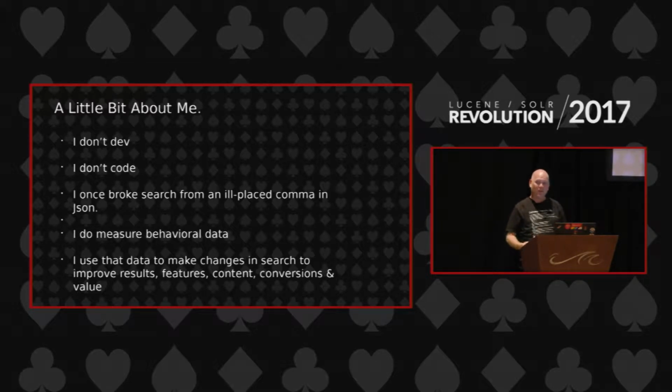What I do is behavioral science. I look at how users interact with search, and I look at the data to figure out what are they doing? Is the search experience improving? How can I connect with our content writers to make better content? How can I connect with our search engineers to recognize that content?